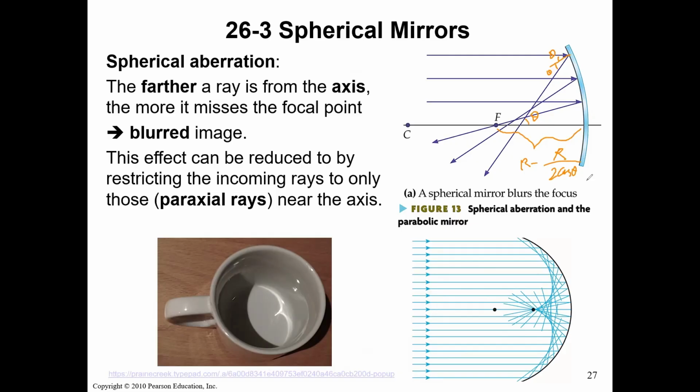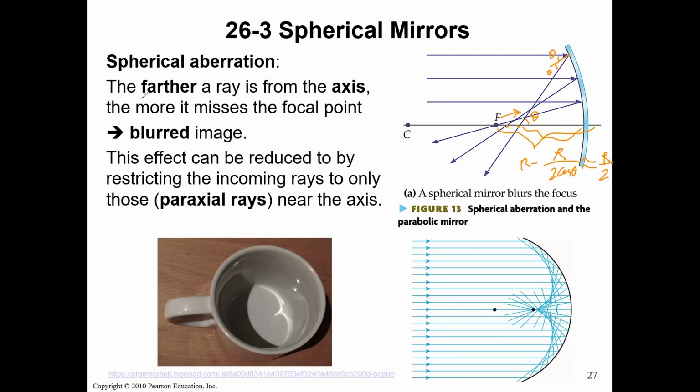And only when theta is small is this a fixed value of half r. When theta is large, cosine theta is small, and r divided by 2 cosine theta is large, and then this distance r minus this thing is getting smaller. So for large theta, the light ray is going to cross the principal axis at a shorter and shorter distance from the mirror, as we increase the angle of incidence.